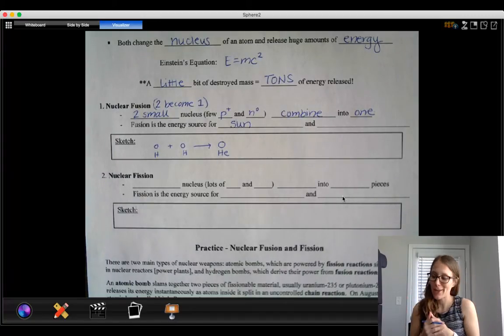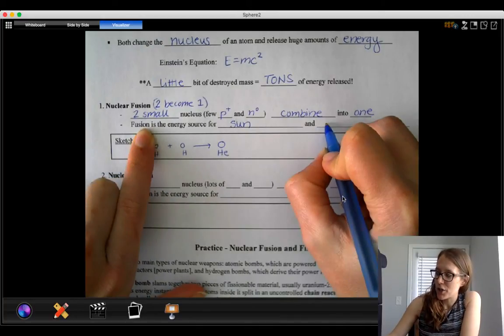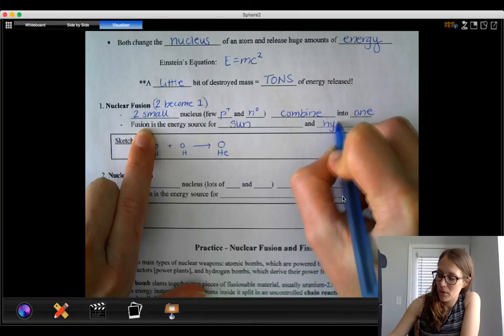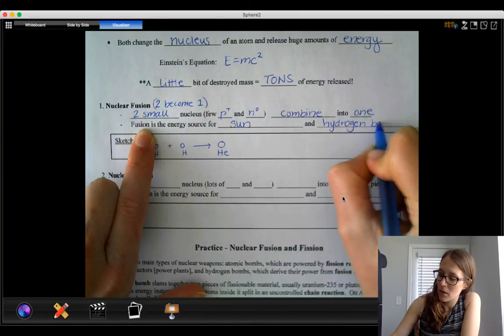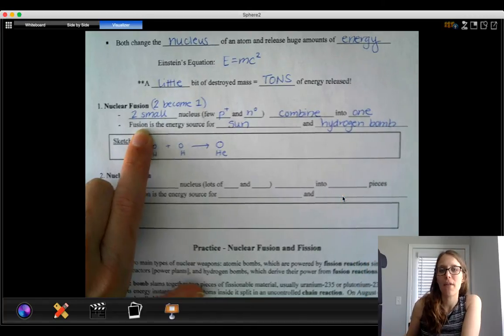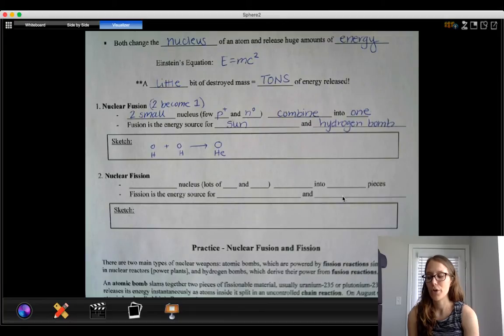They fused them all together already. Fusion is also the energy source for the hydrogen bomb. So that's the H bomb. It's a type of nuclear bomb that is using hydrogen, a small element, in order to create this energy. So that's nuclear fusion.